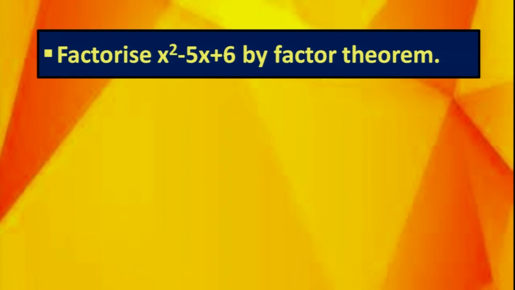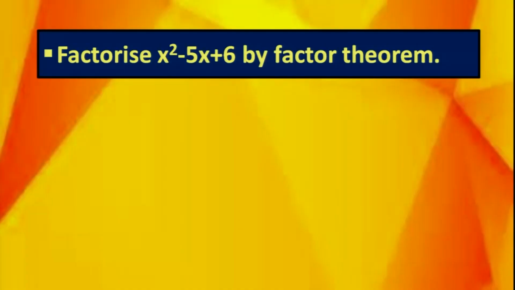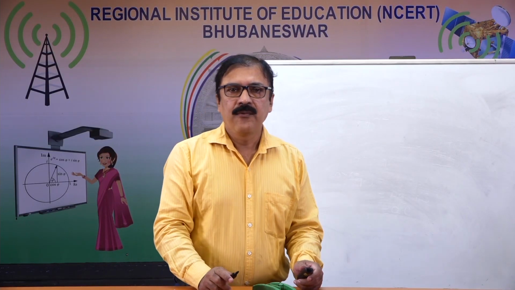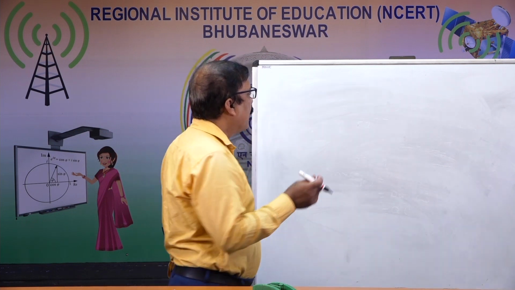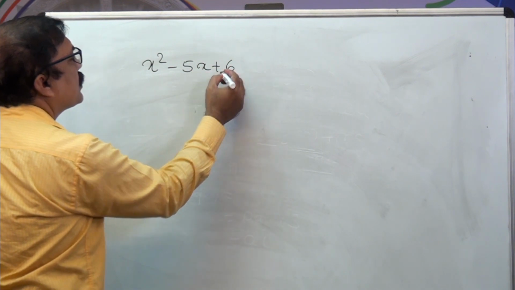Now here, factorize x square minus 5x plus 6 by factor theorem. How to factorize it? Let's see. We know that if a is a real number and p(a) is 0, then x minus a is a factor. We have x square minus 5x plus 6.